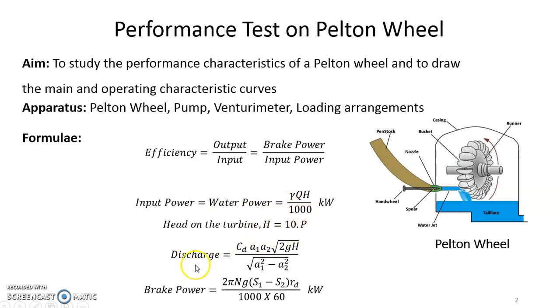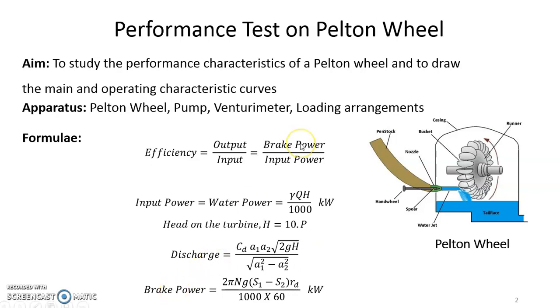Q is the actual discharge, which is calculated and observed with the help of a venturimeter by using this formula: CD into A1 into A2 into square root of 2GH divided by square root of A1 square minus A2 square, where H is the pressure drop, and A1 and A2 are the cross-sectional areas at inlet and the throat.